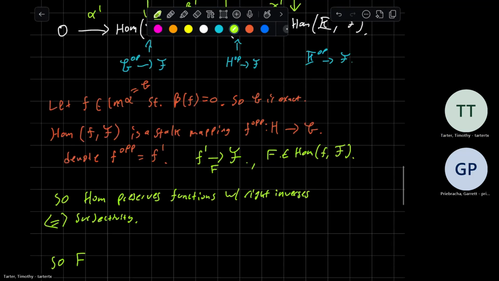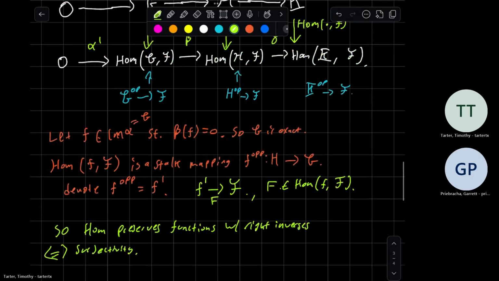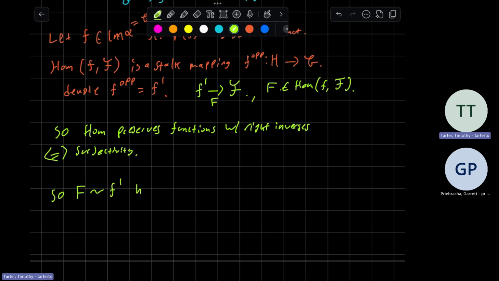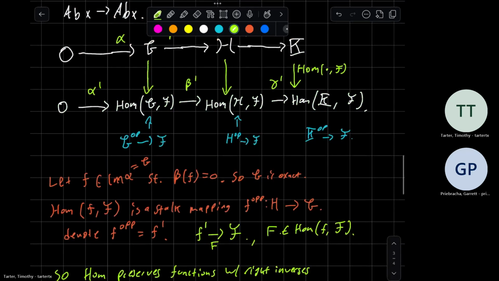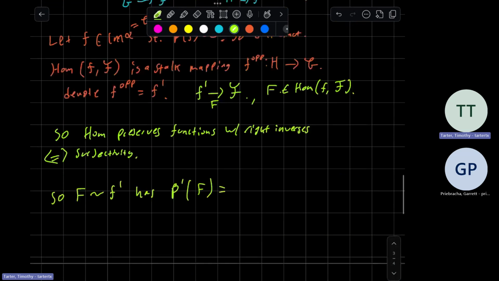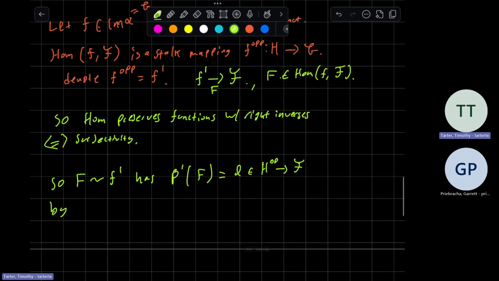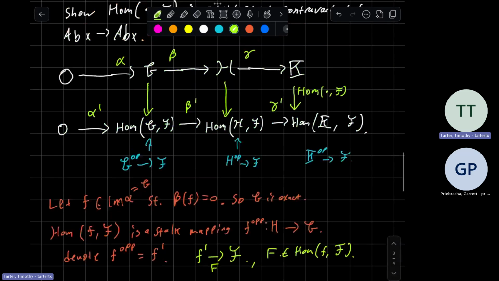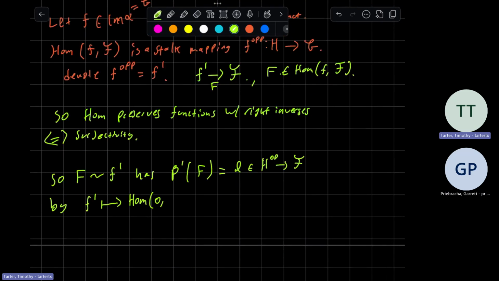But yeah, so Hom preserves functions which are surjective. And so then f associated to f prime has beta prime of f equal to L in H op script f by f prime getting mapped to Hom 0.